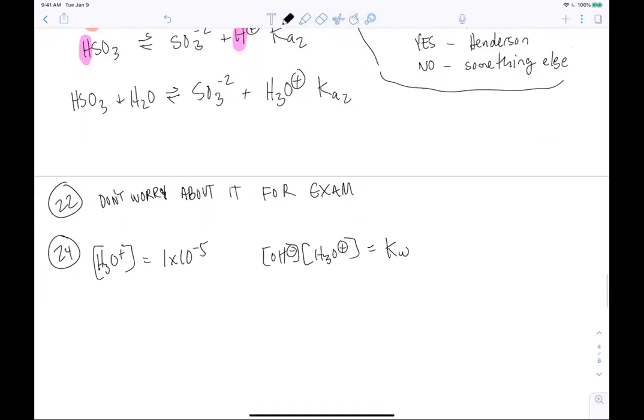They don't give it to you in the problem. But if we know the H3O plus concentration, then we can solve for hydroxide.